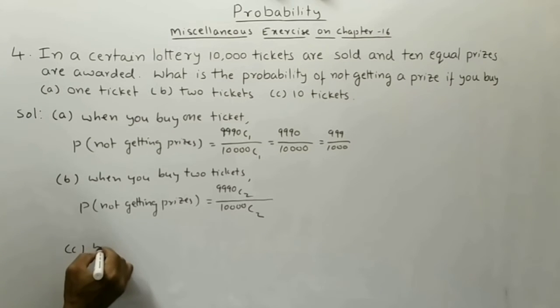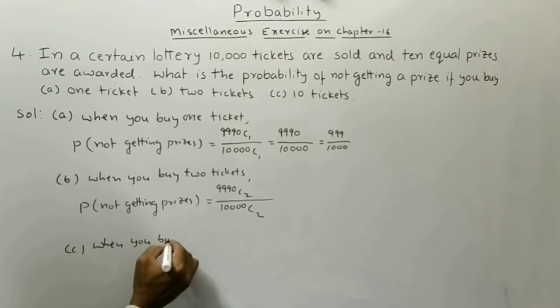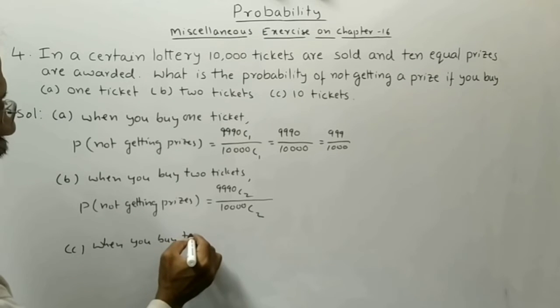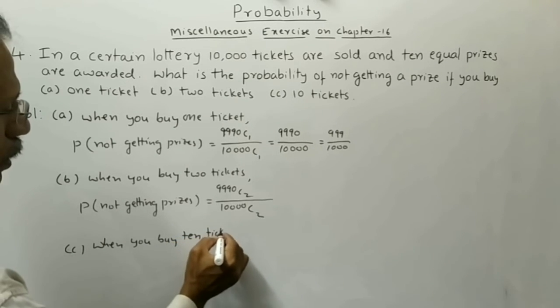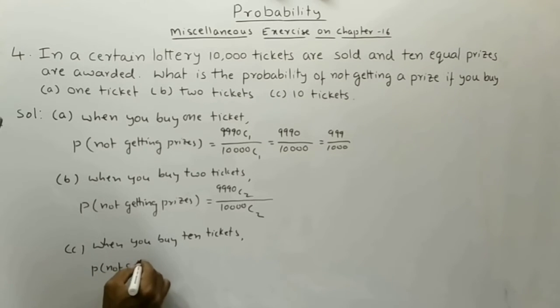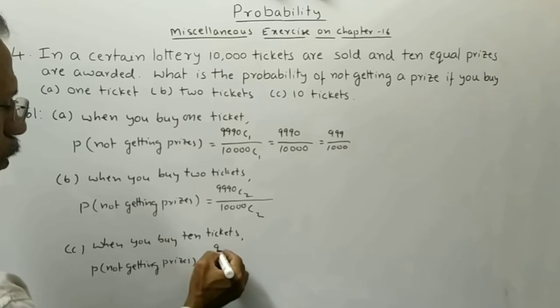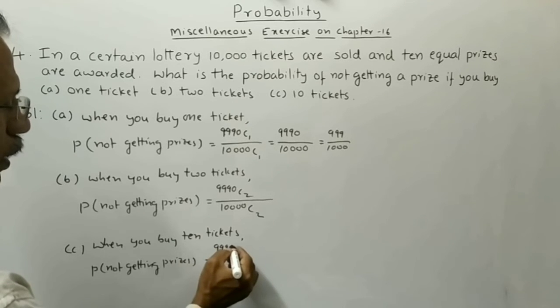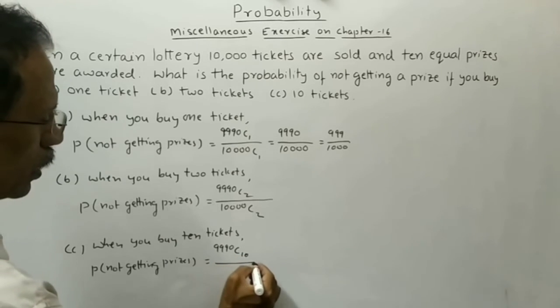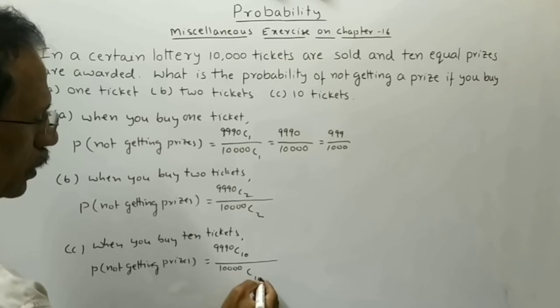C. When you buy 10 tickets, probability of not getting prizes is equal to 9,990C10 divided by 10,000C10.